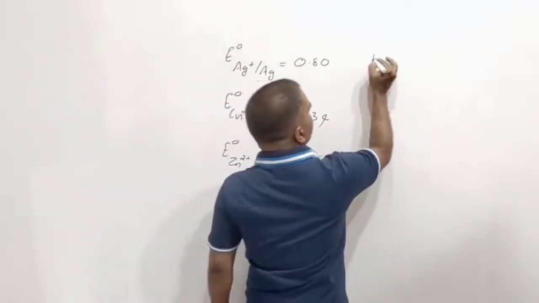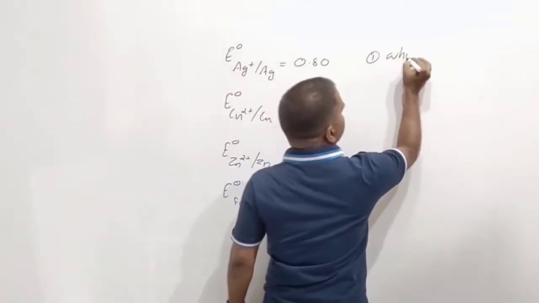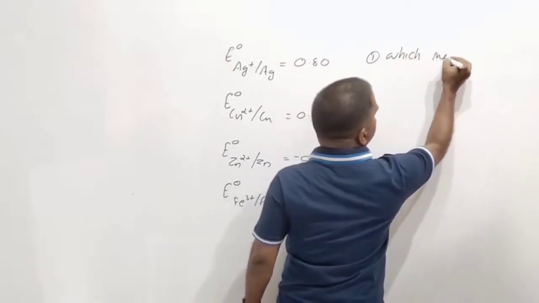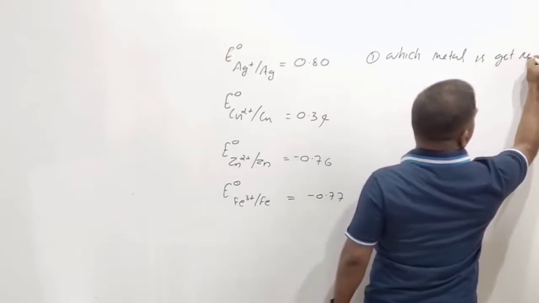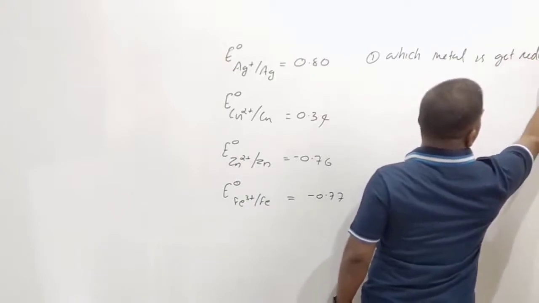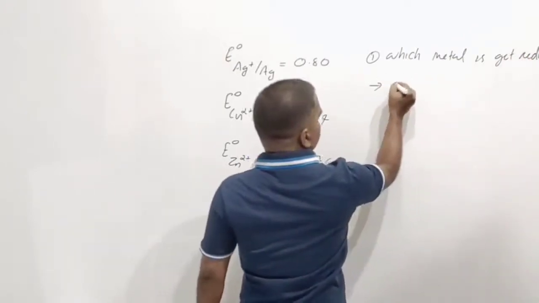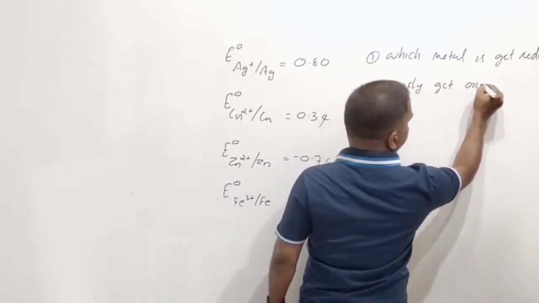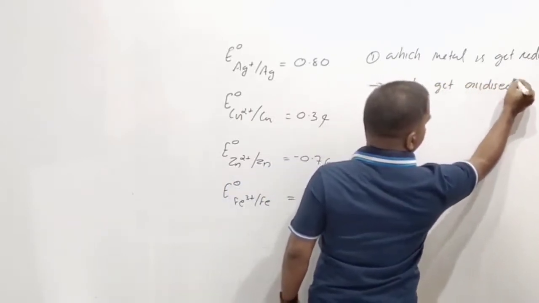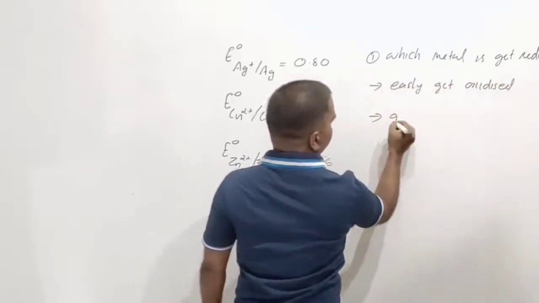Question: which metal easily gets reduced? First question. Next, which easily gets oxidized? Next, good reducing agent.